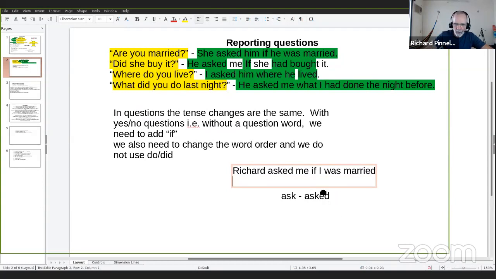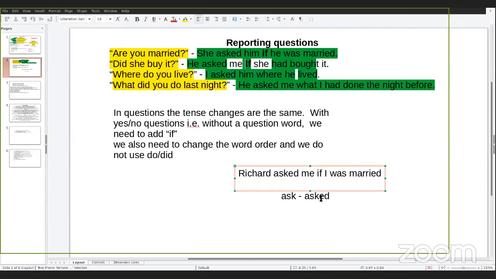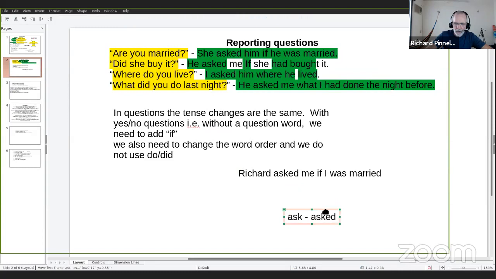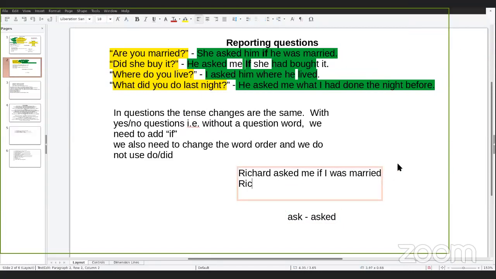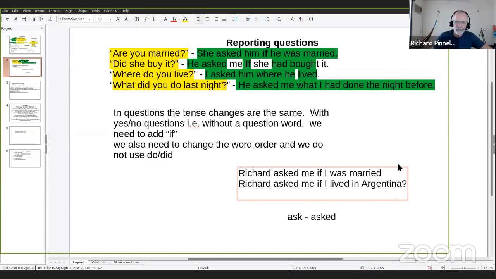Raul, let's try one with you. Do you live in Argentina? Richard asked me if I lived in Argentina. Very good. Israel, can I ask you, do you speak English?